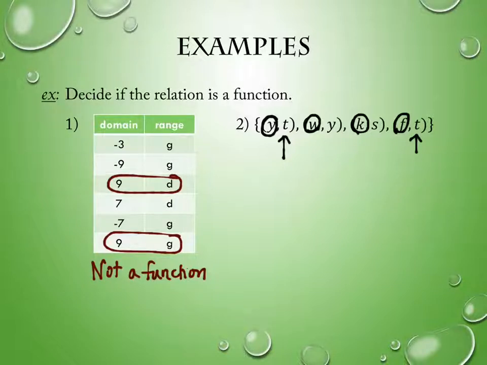That's not a problem. It does not matter if my outputs duplicate, okay? What matters is if the inputs are duplicating, like it was in the table, that their outputs match. And I don't even have any inputs that duplicate on this one, so I'm fine. So this one would be a function.